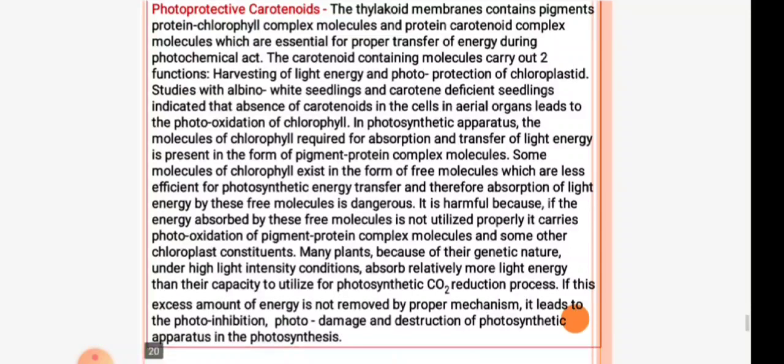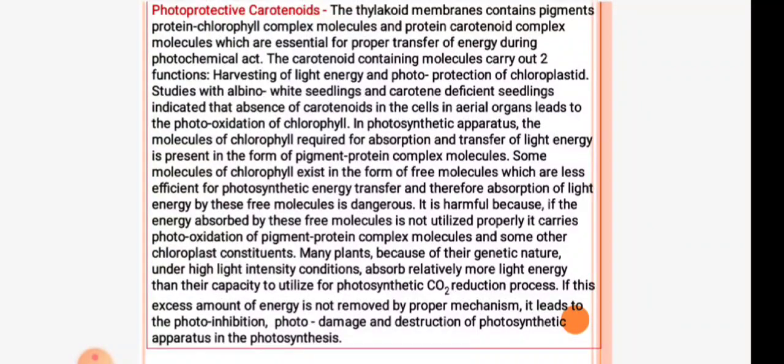The carotenoid containing molecules carry out two functions: harvesting of light energy and photoprotection of the chloroplast. Studies with albino white seedlings and carotene deficient seedlings indicated that absence of carotenoids in the cells of aerial organs leads to photooxidation of chlorophyll.